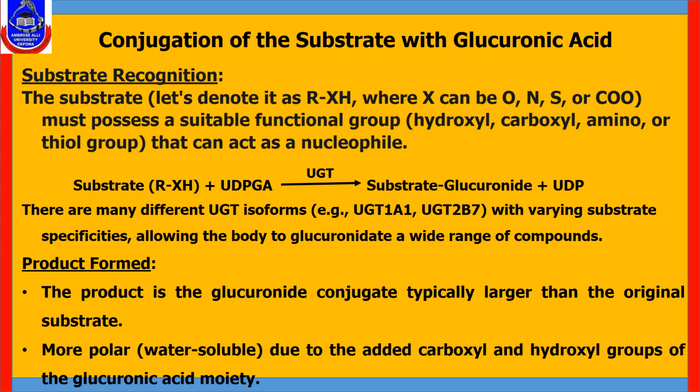Now that reacts with UDP-GA, that is UDP glucuronic acid, in the presence of the enzyme, to form substrate glucuronide. The product is the glucuronide conjugate, typically larger than the original substrate. It is more water soluble due to the added carboxyl or hydroxyl groups of the glucuronic acid moiety.